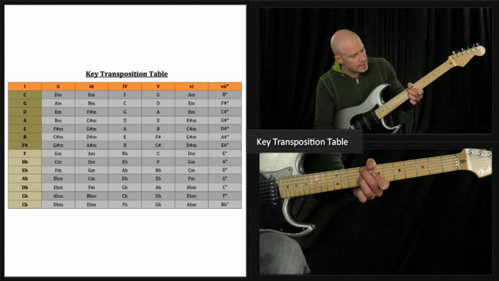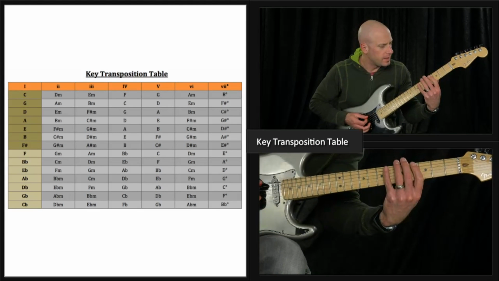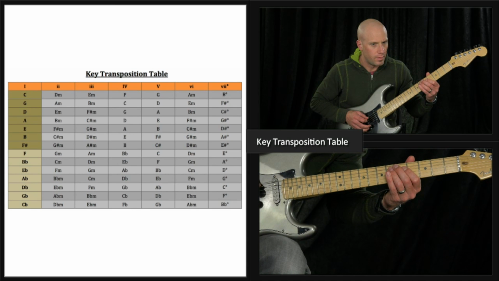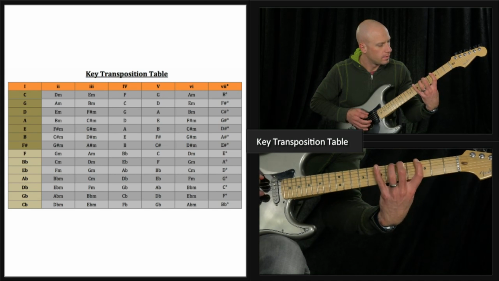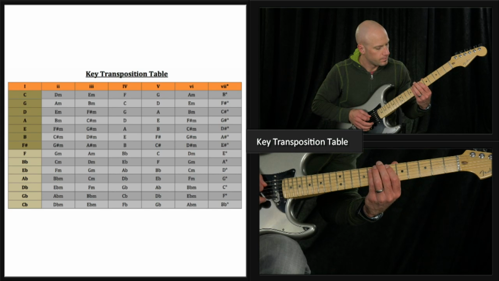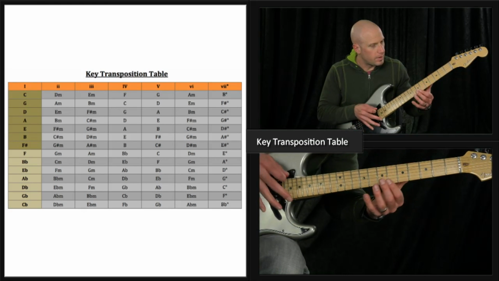Over the C, we can play this. G, A, B, C, D. Essentially what we're going to be doing is combining two scales here.